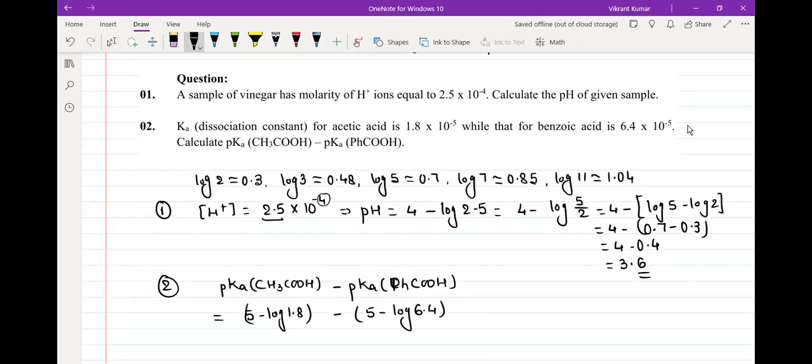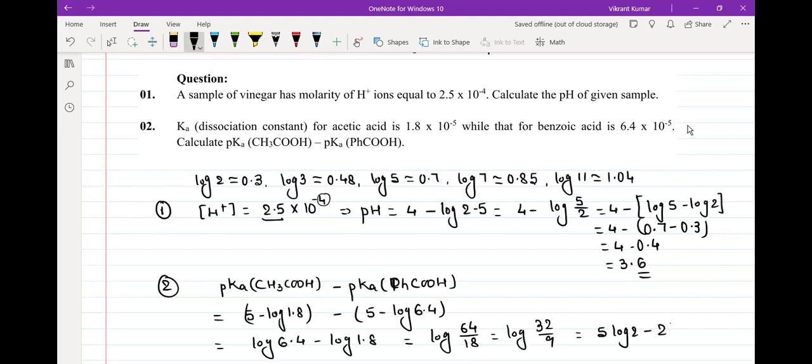So ultimately 5 will get cancelled. Ultimately it becomes log 6.4 minus log 1.8. So that can be written as log 64 by 18, which is, simplify, 32 by 9. So we can write it as 5 log 2 minus 2 log 3.